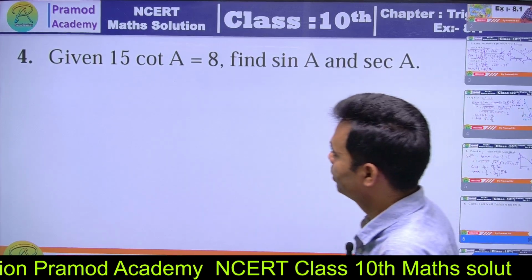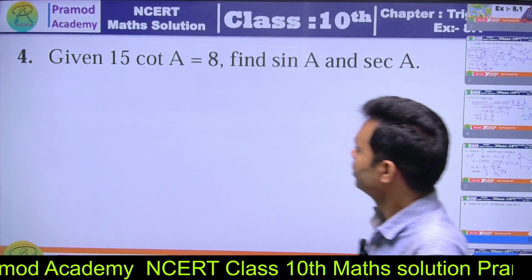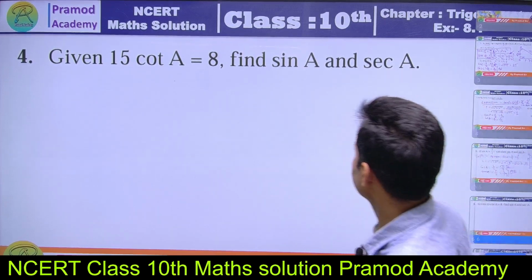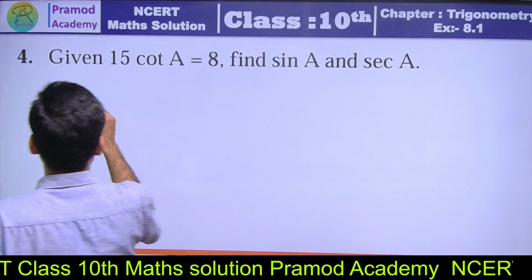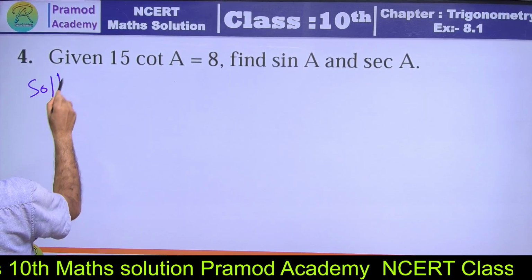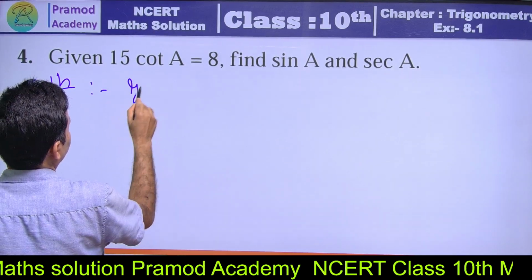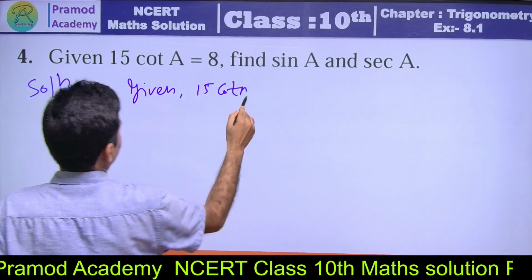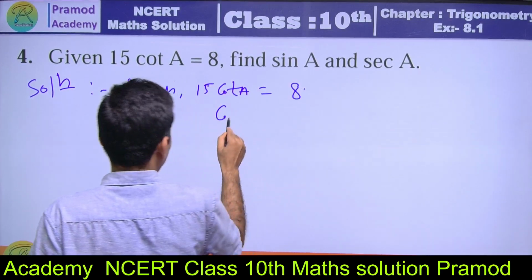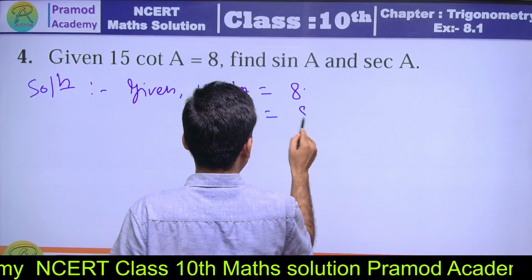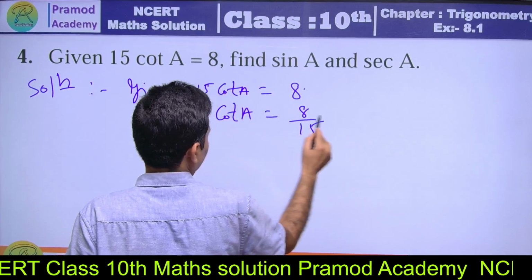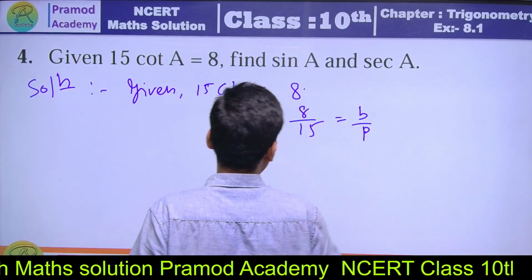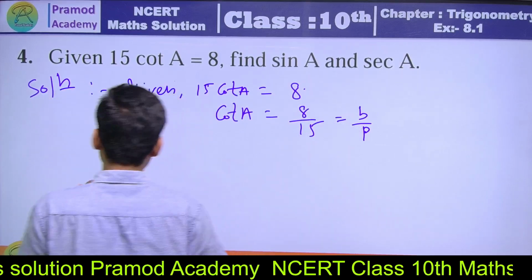Question number 4. Given 15 cot A equals 8, find sin A and sec A. Solution, given 15 cot A equals 8. Cot A equals 8 by 15. So cot A equals B by P. Here H is not given.